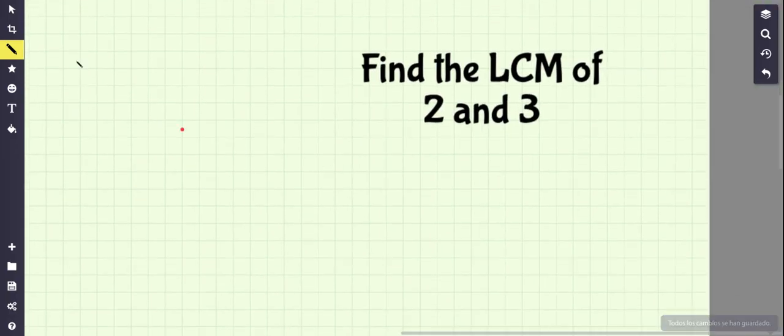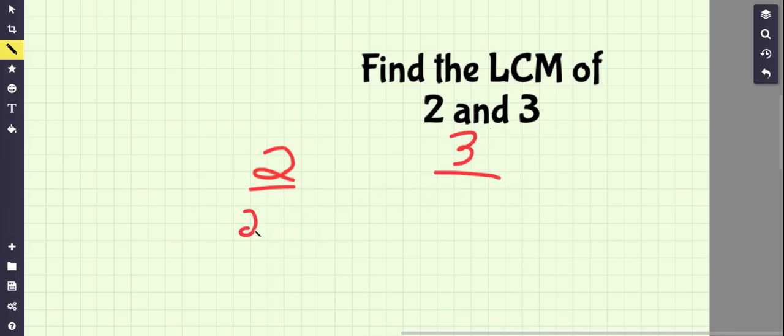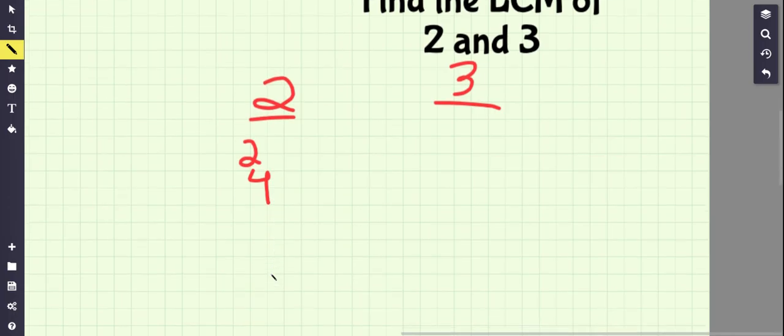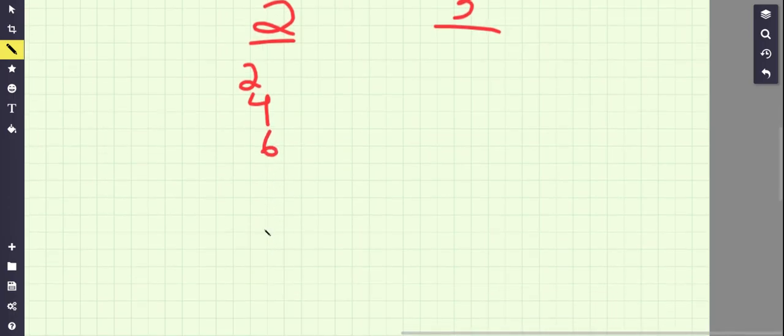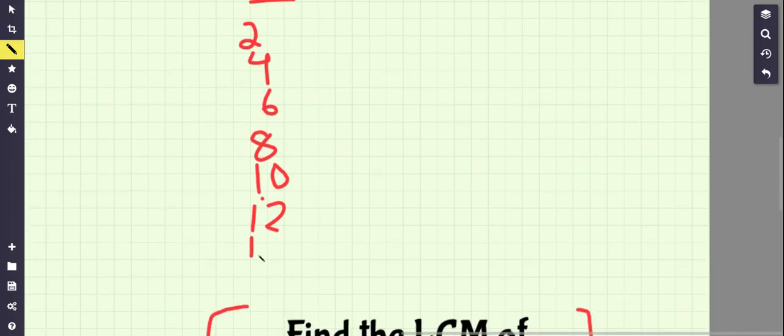Now I'm going to find the LCM. First, we list the numbers. Then we find their multiples. So, in this case, it's these numbers.